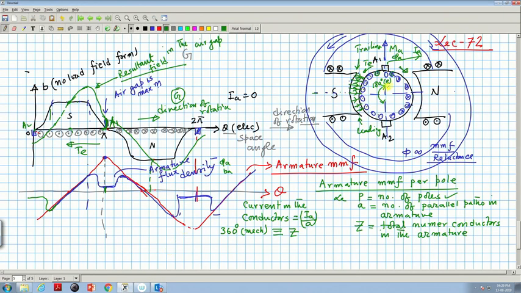Now, I want to find out how many conductors are present over 180 degree electrical. So, 180 degree electrical is equivalent to 180 into 2 by P mechanical degree.